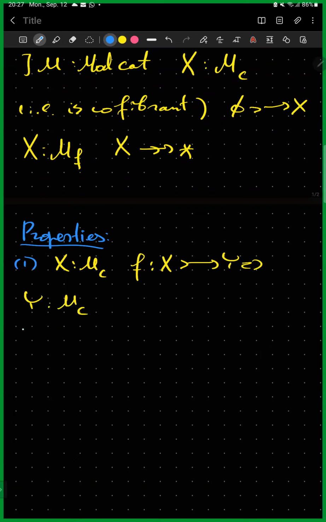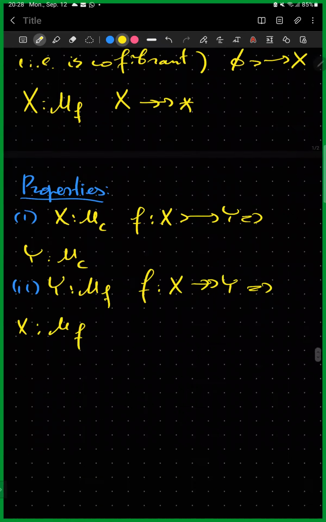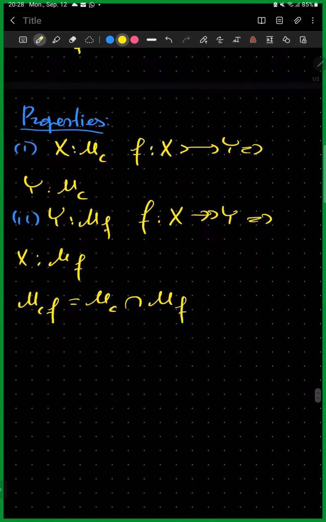And dually, if Y is fibrant and we have a fibration, then X is also fibrant. So let me also introduce MCF, which is just the intersection of the full subcategories spanned by fibrant and cofibrant objects, i.e., it consists of objects which are both fibrant and cofibrant.